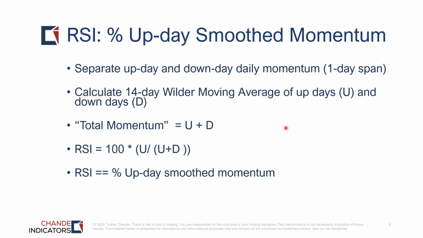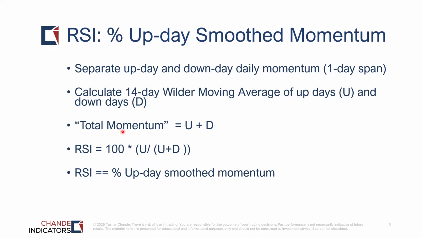So if I look at the details of the calculation, we first separate the up-day and down-day daily momentum. So the span is 1 day. Then we calculate the 14-day Wilder moving average for the up days. We'll call that U, and the down days we'll call D. And this Wilder moving average is a variation of an exponential moving average, but again, it's a very non-standard implementation.